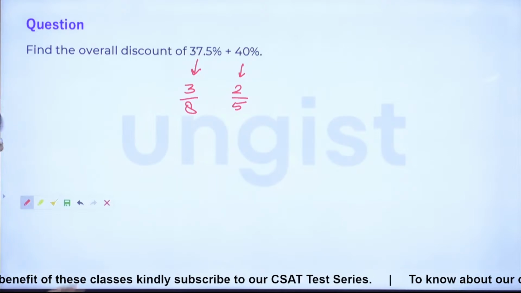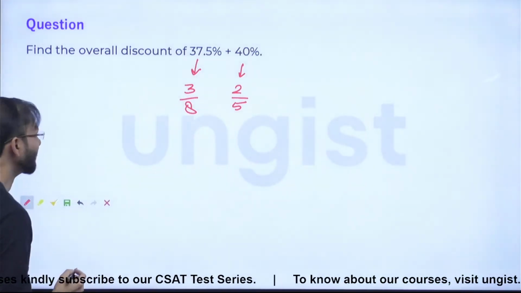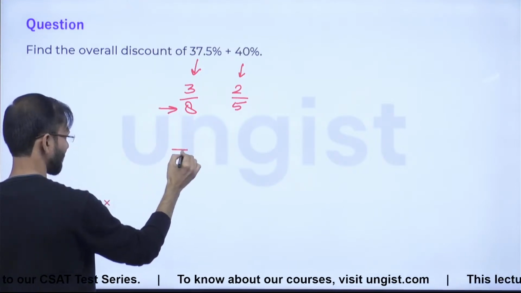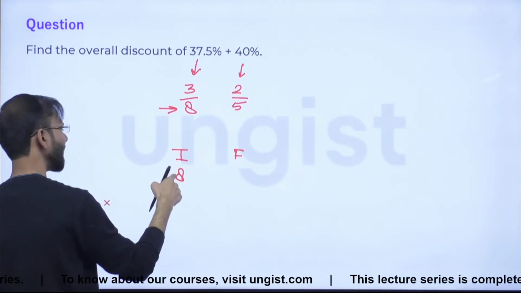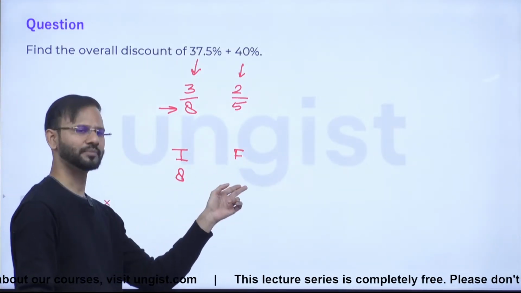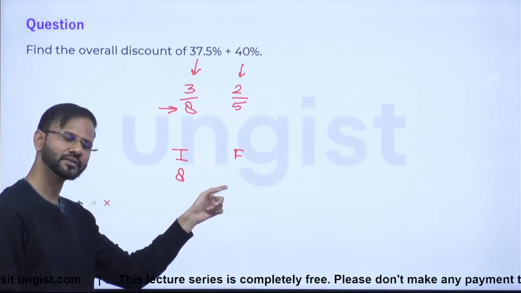Everyone. Now just look at it. It is very interesting, you know. Just look at this. See guys, initially just assume this value as 8. Initial, final. If initially it is 8, and after reducing this value with 3/8, right? You reduce this value by 3/8. This will become what? 5.